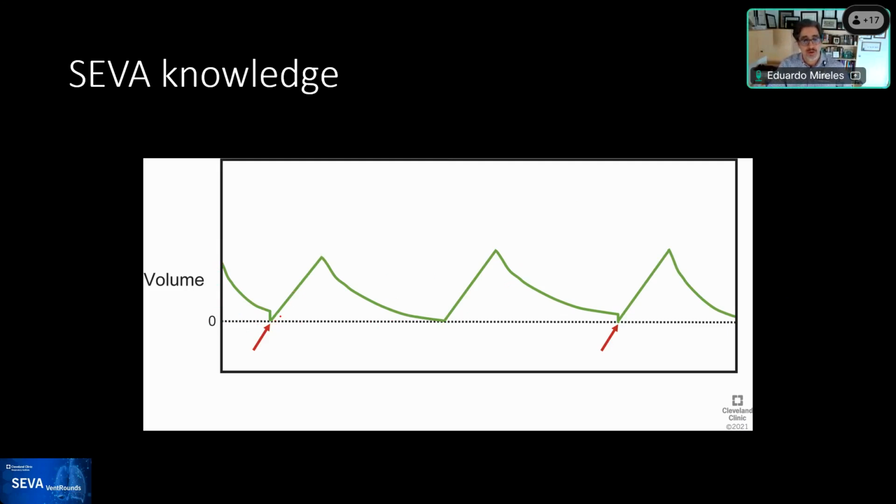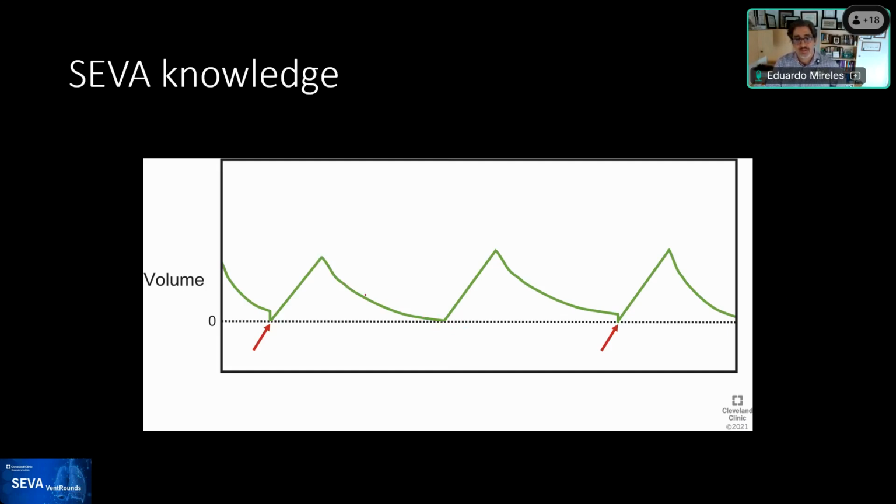So this is a patient on volume control, and the volume increases, and then the patient exhales. Exhalation normally is a passive event, and the volume is going to return to baseline in an exponential form, just as flow returns to baseline.